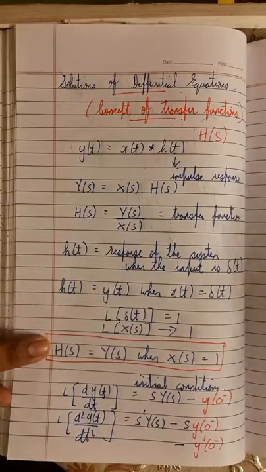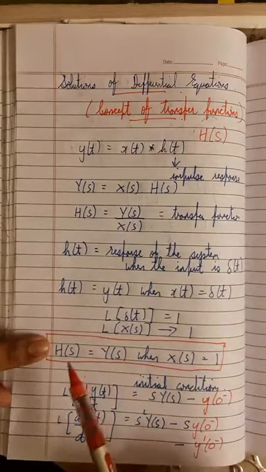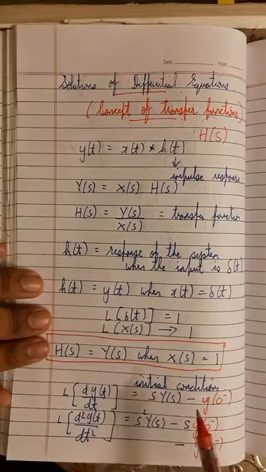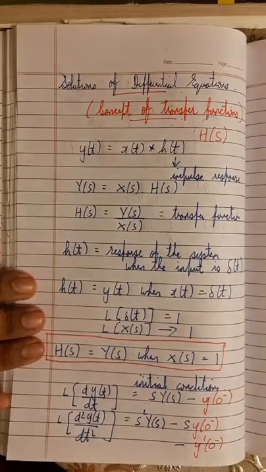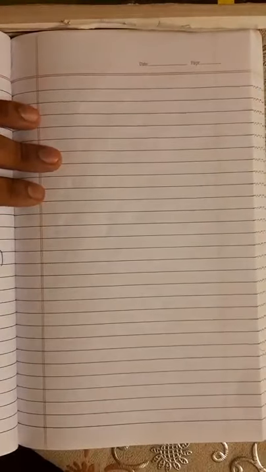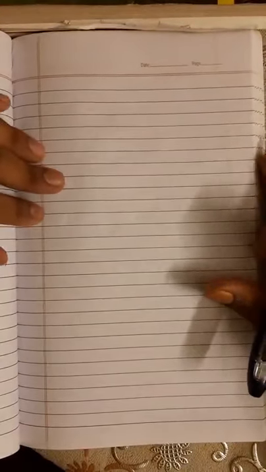No matter what value they give you in the question, in order to find h of s, the transfer function, you have to make sure that your initial conditions are all 0. That is how we calculate the transfer function. Just to give you an example, let me do a small simple problem to help you understand the significance of the transfer function as well as the initial conditions.